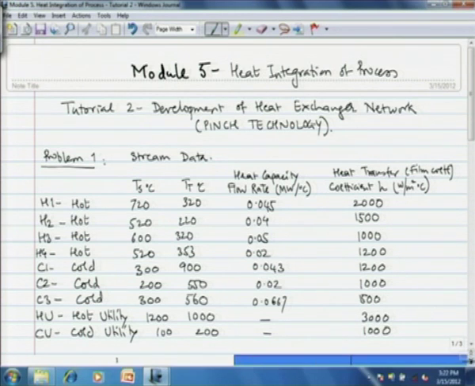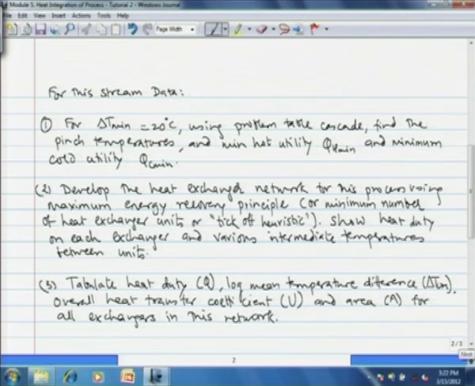For this stream data, we have to answer 3 questions. First, for delta T min equal to 20 degrees centigrade, we have to find the minimum hot utility and minimum cold utility as well as the pinch temperature using problem table cascade.